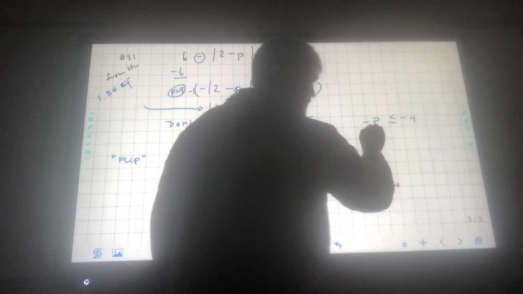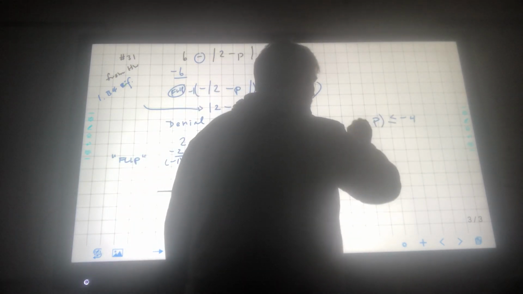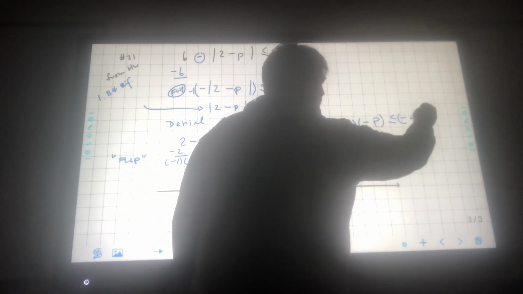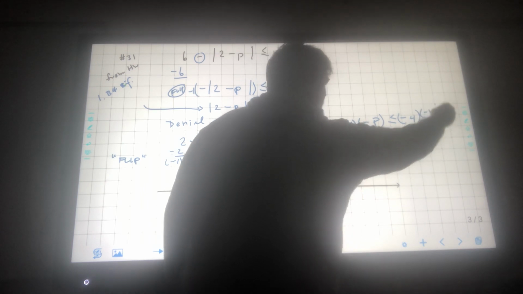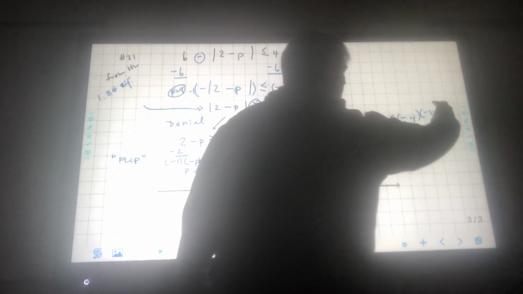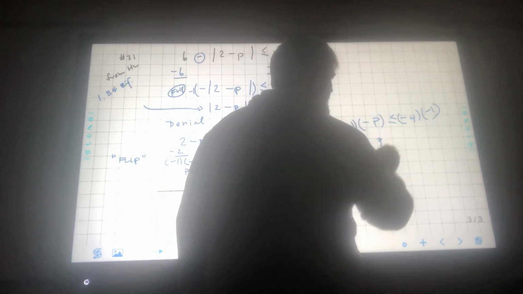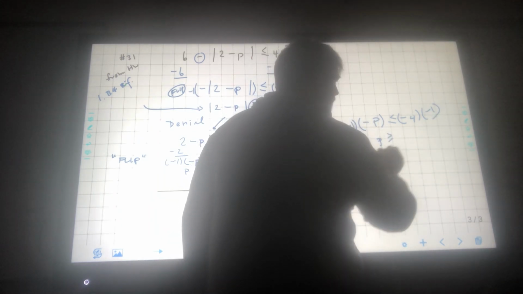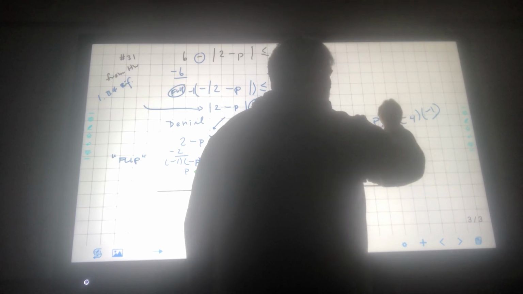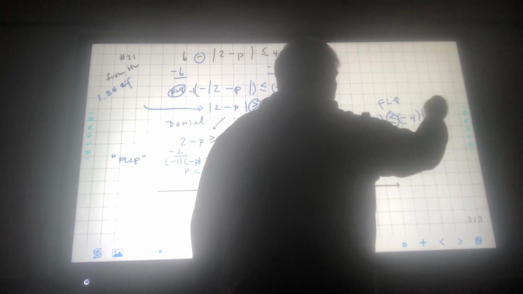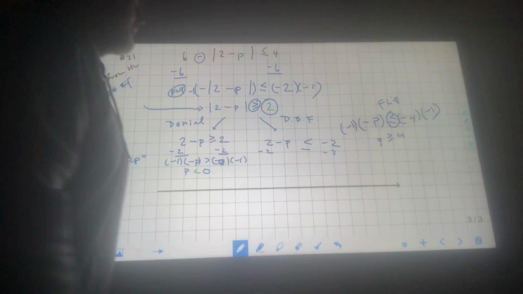Multiply everything by negative 1. I mean, this is technically, if you count the double flip, my fourth flip. And I get p is greater than or equal to 4. I have to flip here when I multiply by negative 1.